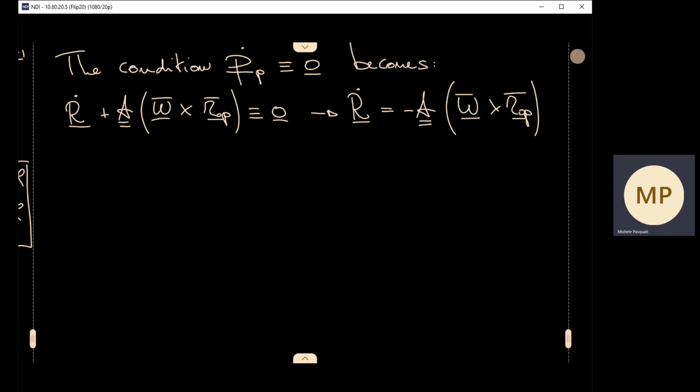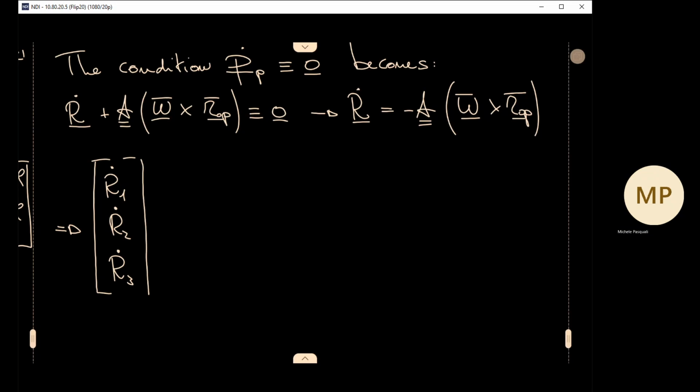And therefore eventually, from a vectorial point of view, we have R1, R2, R3 dot equal to what?